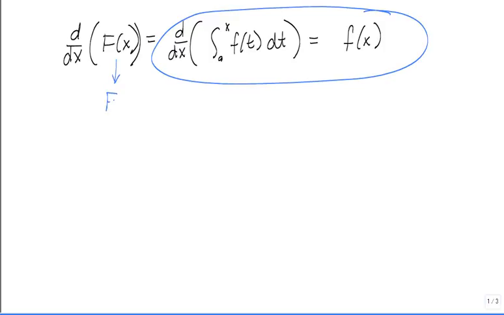So we're saying F(x) is an antiderivative of f(x).